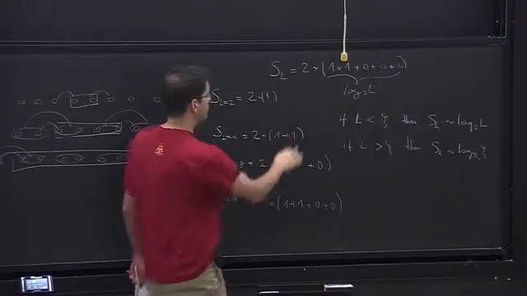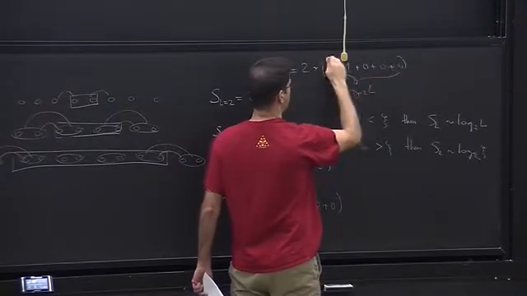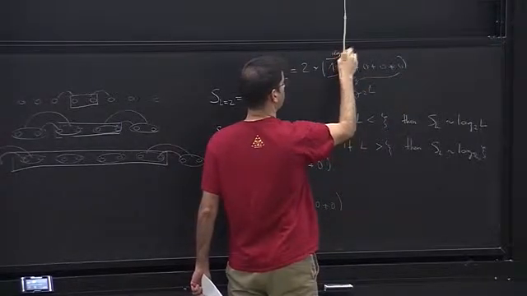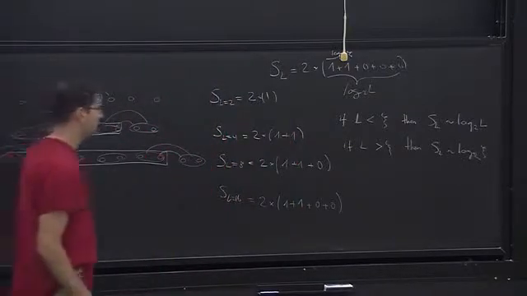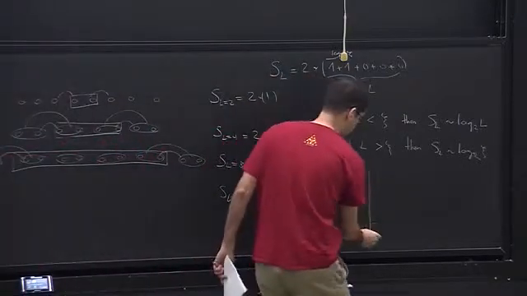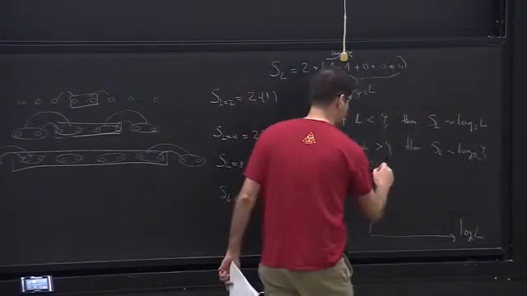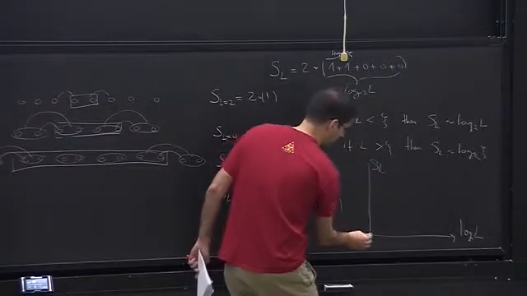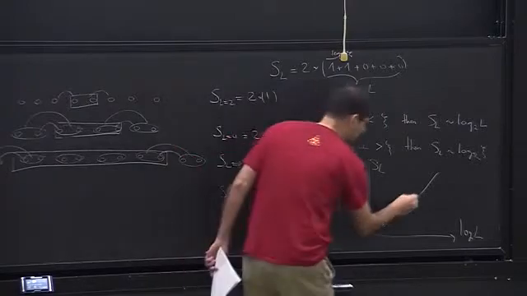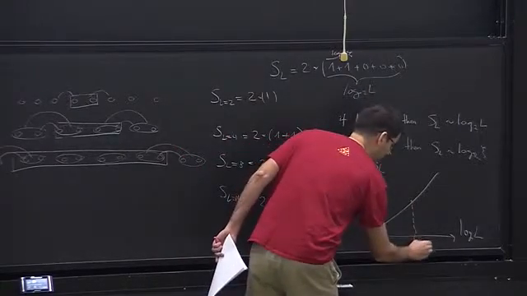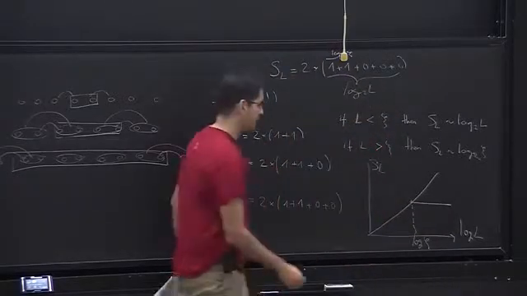So if we look at this, there are log 2 L contributions, but these are 0, and the ones that are non-zero are precisely log 2 of the correlation length. Okay? So let's plot this and see if it looks familiar. So we have log L. We want to plot this entropy. What we're saying is we're going to go logarithmic until we hit the correlation length, in which case we're going to go constant, right?